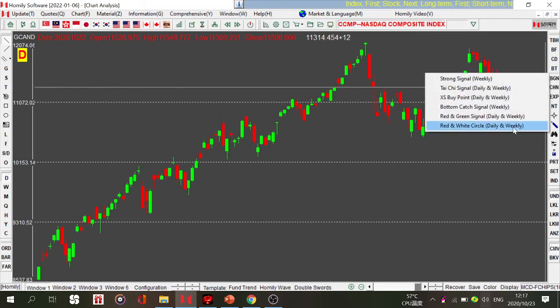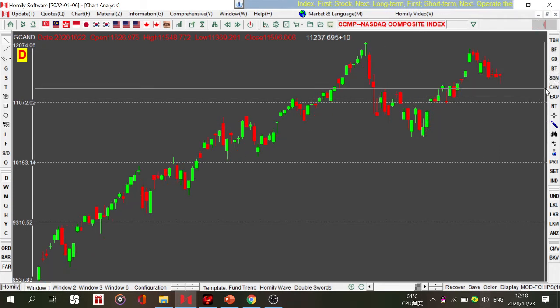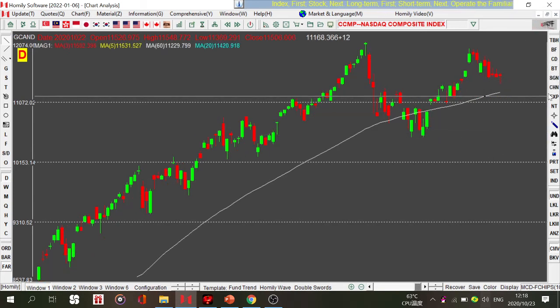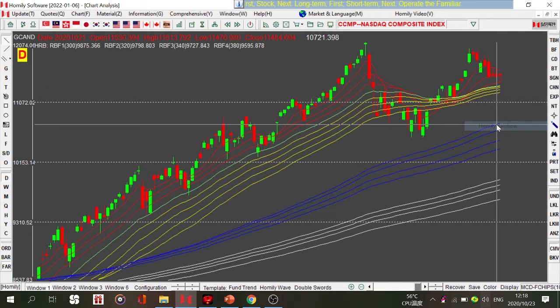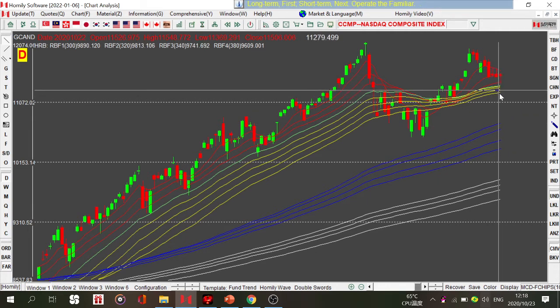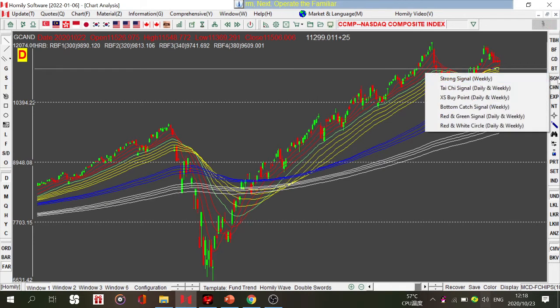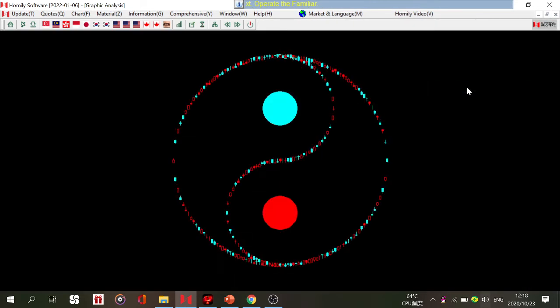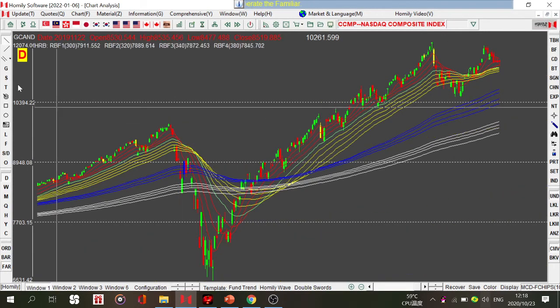And we say higher probability before 3rd November, the price might still fluctuate within the support of the yellow lines of Homely Rainbow and the resistance of the yellow Tai Chi signal.